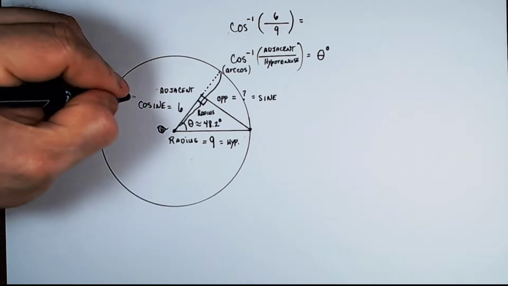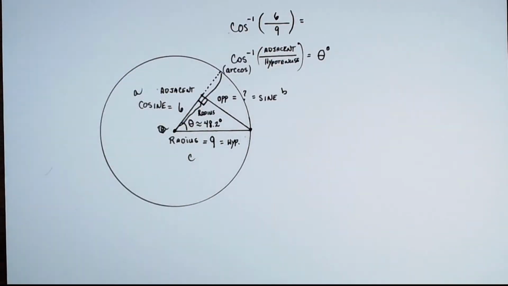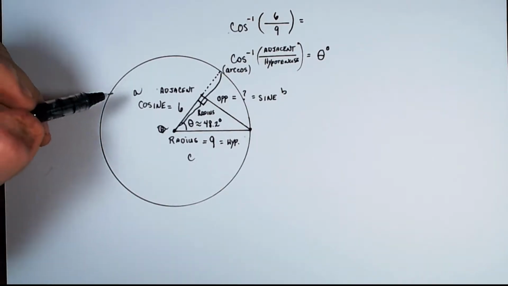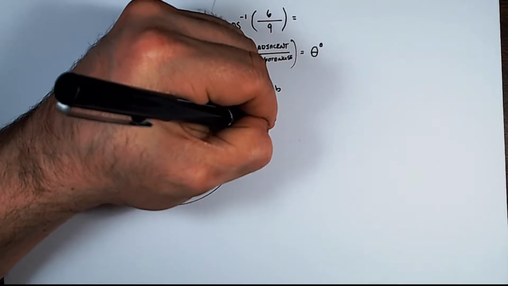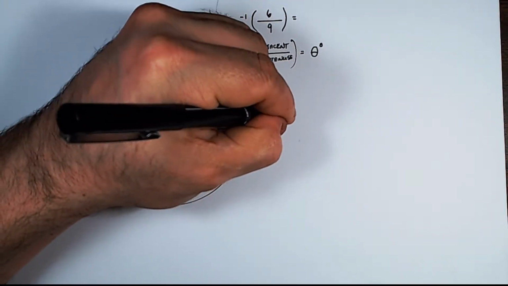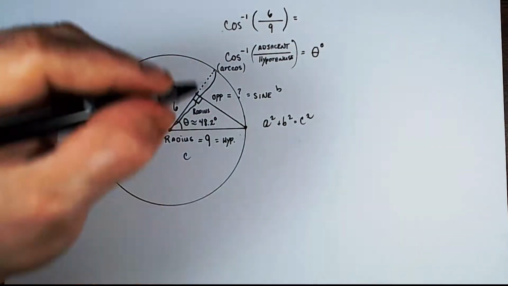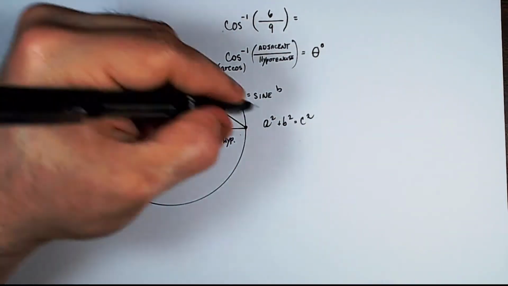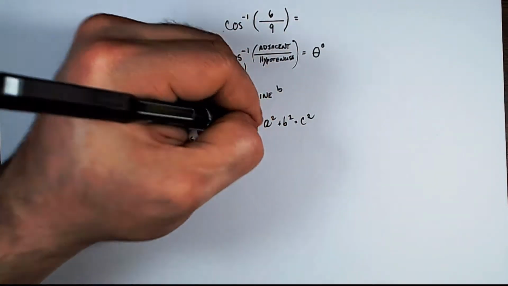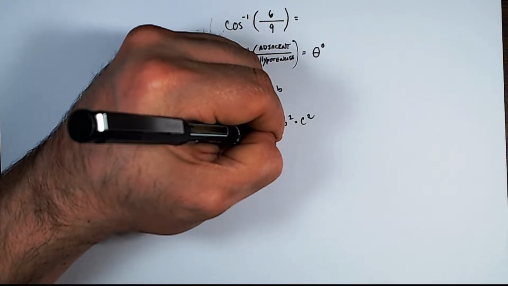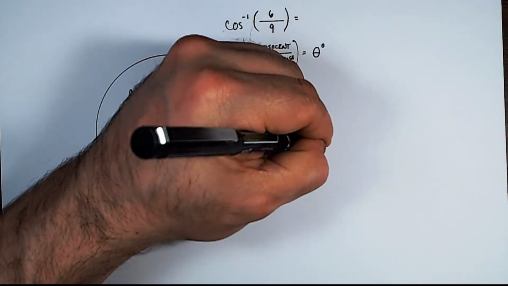If I call this side A and this side B and this side C, right? I have the Pythagorean theorem, A squared plus B squared equals C squared, right? So if I want to solve for missing side B, I can do that. I say B squared equals C squared minus A squared.